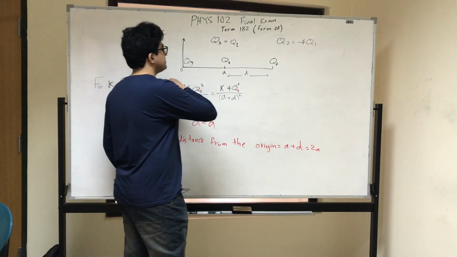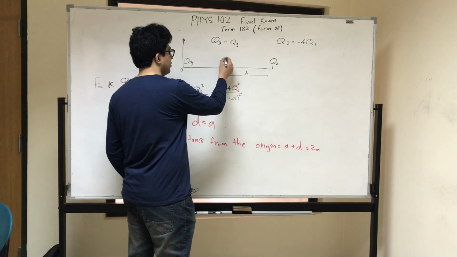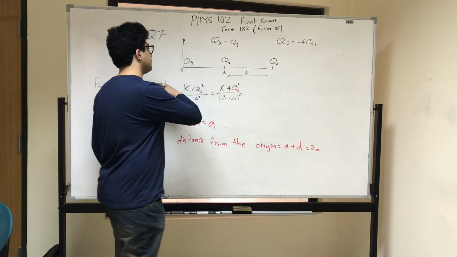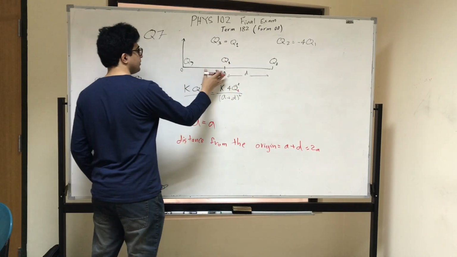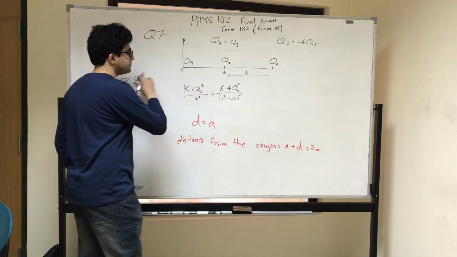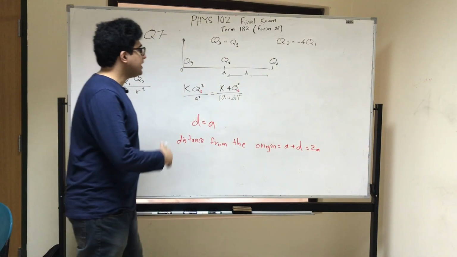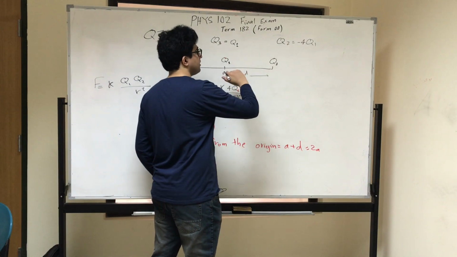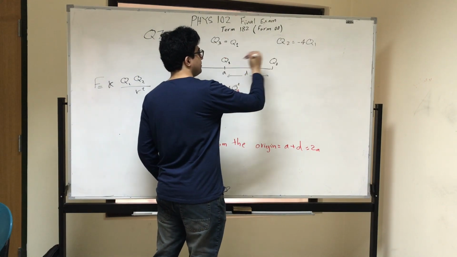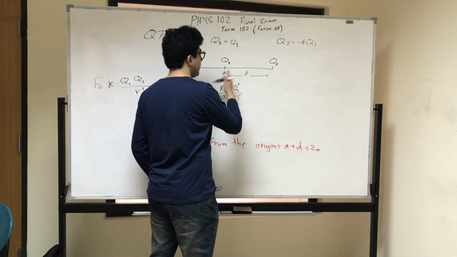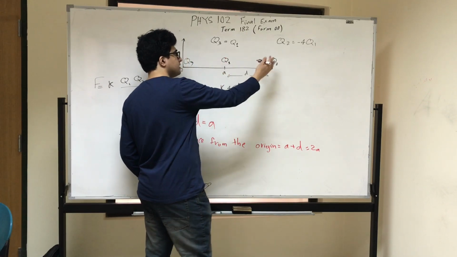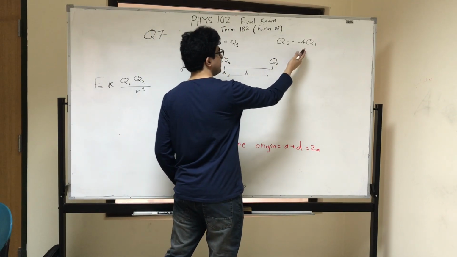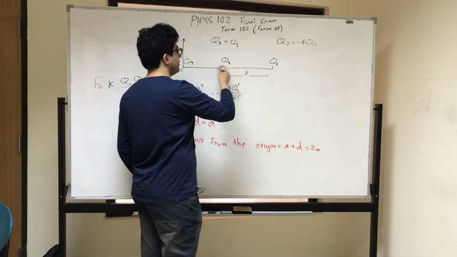So the question says that we have a charge Q1 placed a distance from the origin. So this is the origin. And we have another charge Q2 placed some distance away from Q1, and this charge Q2 is equal to -4 times Q1.